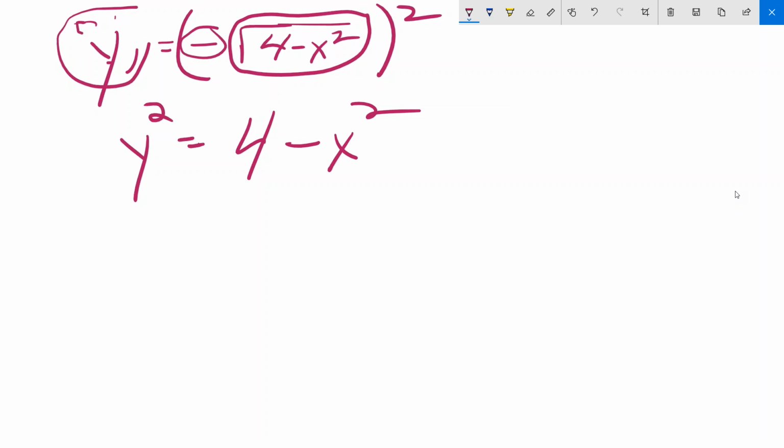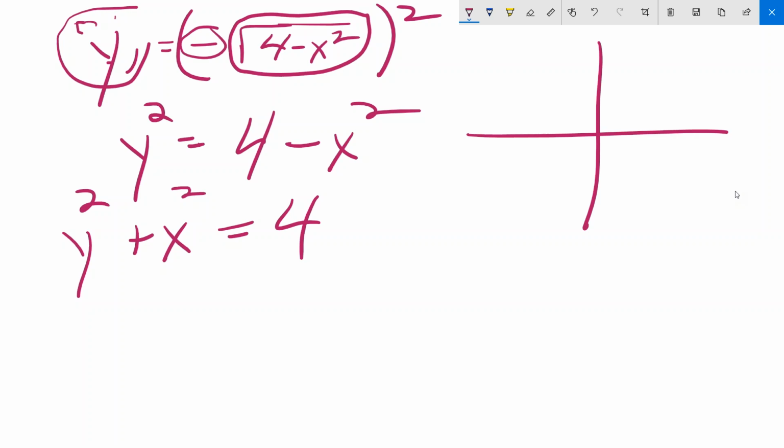When I turn that into this, that is the general equation of a circle, whose center is at the origin and whose radius is 2. In other words, the general equation of a circle is this.